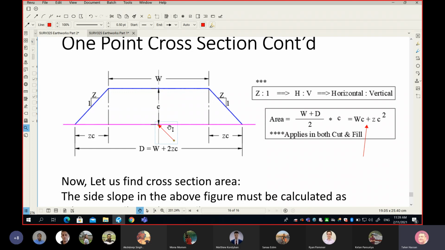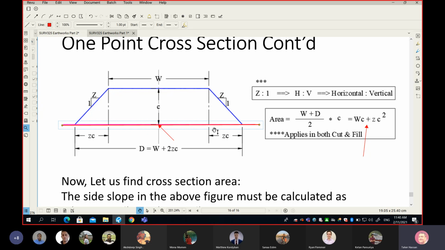And what I did, I assumed that my ground is going to be constant across. So there is no change of elevation on the cross section. Would you agree? Yes. Now I'm asking you, is that a valid assumption or not? It depends. If the reality matches my assumption, I'm still okay, my volume will be great.